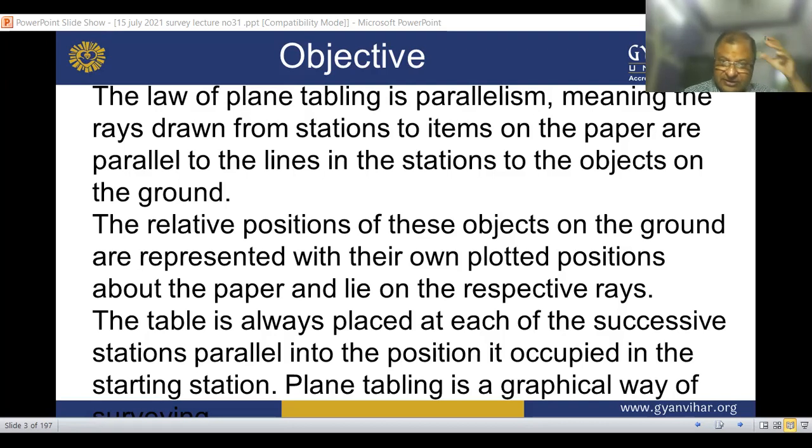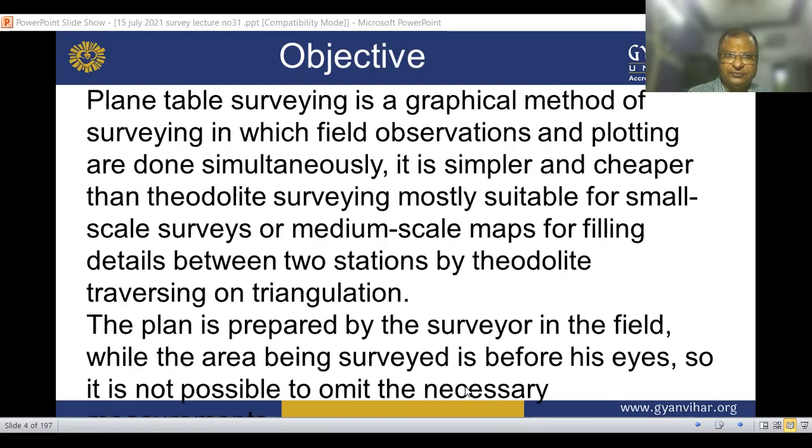Plane table surveying is a graphical method of surveying in which field observation and plotting are done simultaneously.